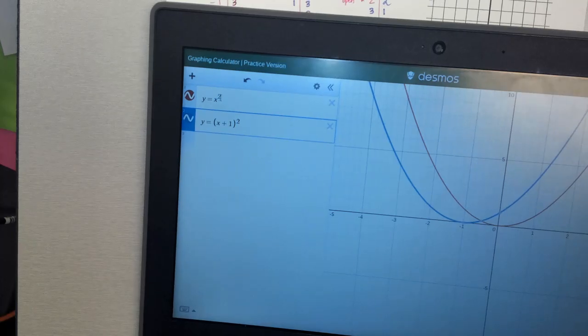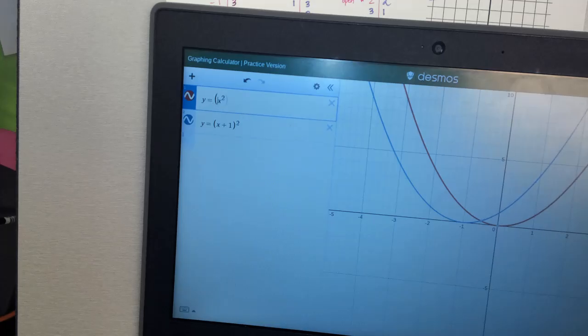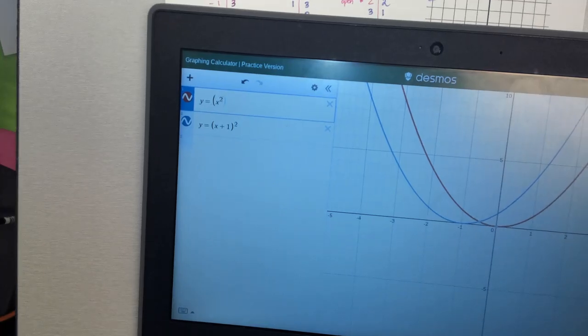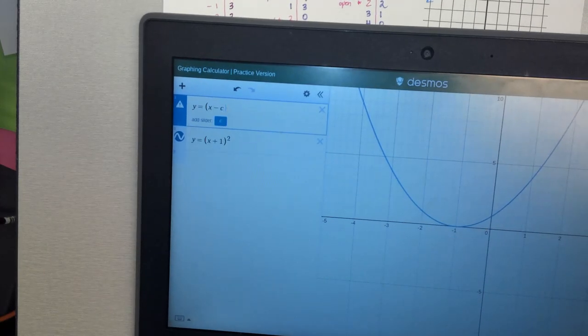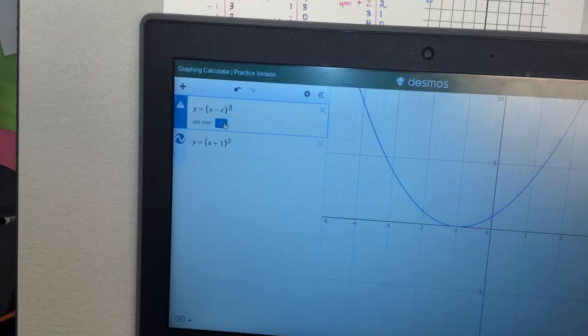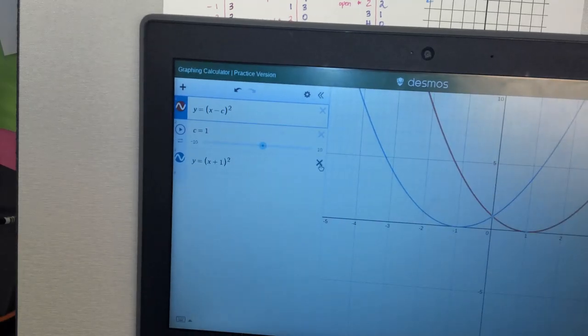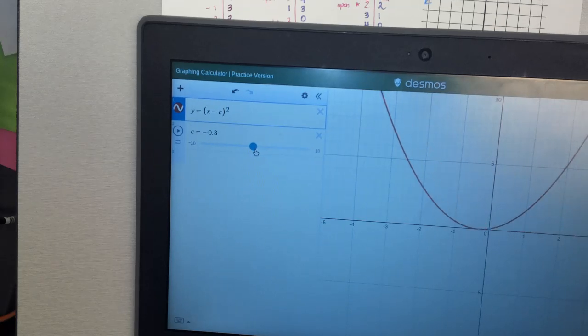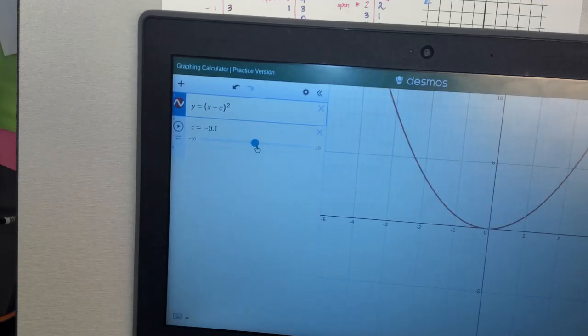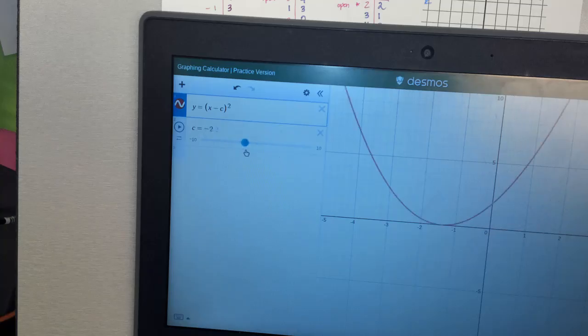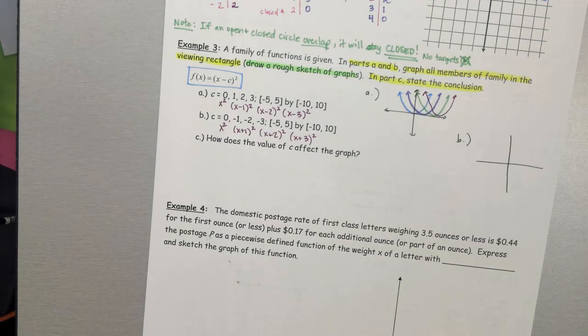Okay, and then you could keep going, or you can also use sliders and decimals. You could do the c value squared, and then when you add the slider, you can see what happens to your graph. So here it's c is 1, and then you have 0, -1, -2, -3. Okay, so then you can see what happens if you move it left or right.